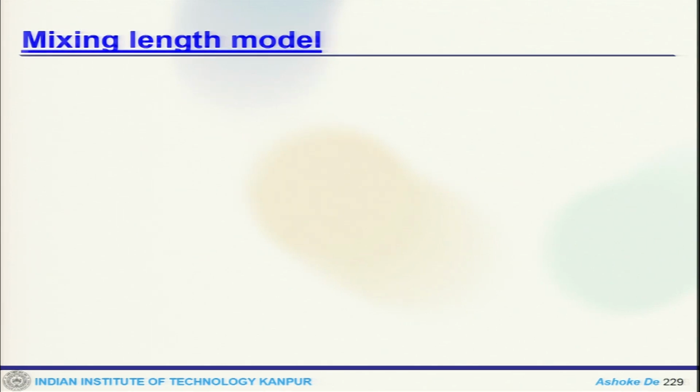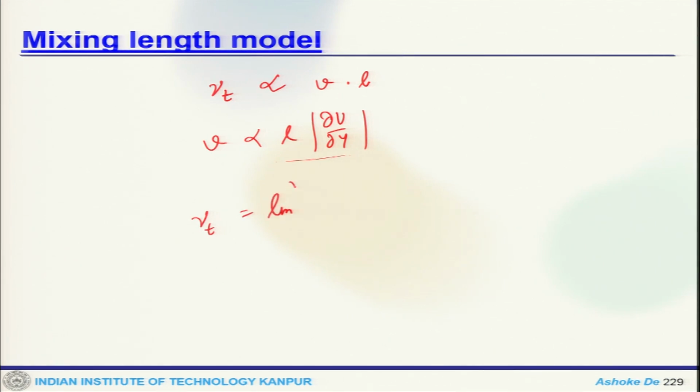Then once you go to the mixing length model, which we have already seen, nu t is essentially velocity scale into length scale, where the velocity scale varies as del u by del y. So, this is proportional to the gradient of the velocity. So, finally, nu t equals Lm square into del u by del y.